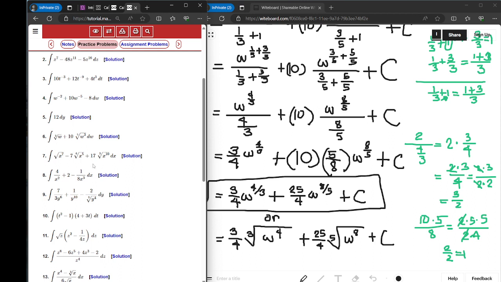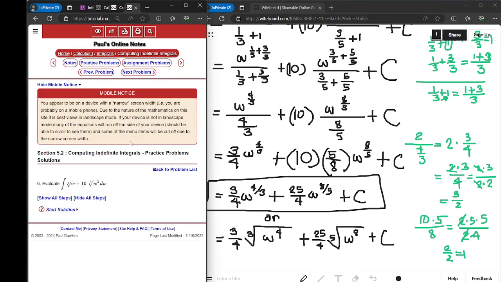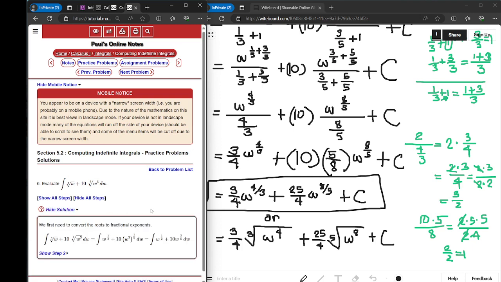So problem number 6, we have, okay, click the solution, and oh, I have not seen this one. There is a feature here to show us steps. Anyway, all we need to do is check whether our answer is same with the answer of Paul.